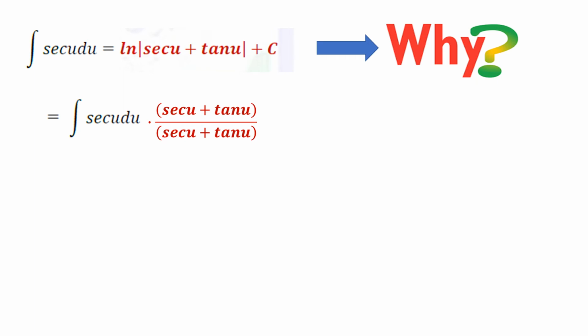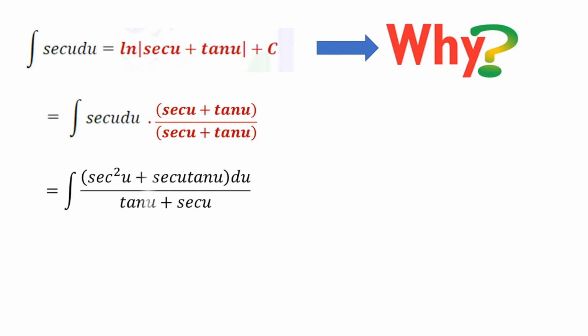For this case, we can multiply secant u plus tangent u all over secant u plus tangent u. If we expand the numerator, we take here the integral of secant squared u plus secant u times tangent u, multiplied by du, and the denominator becomes secant u plus tangent u.